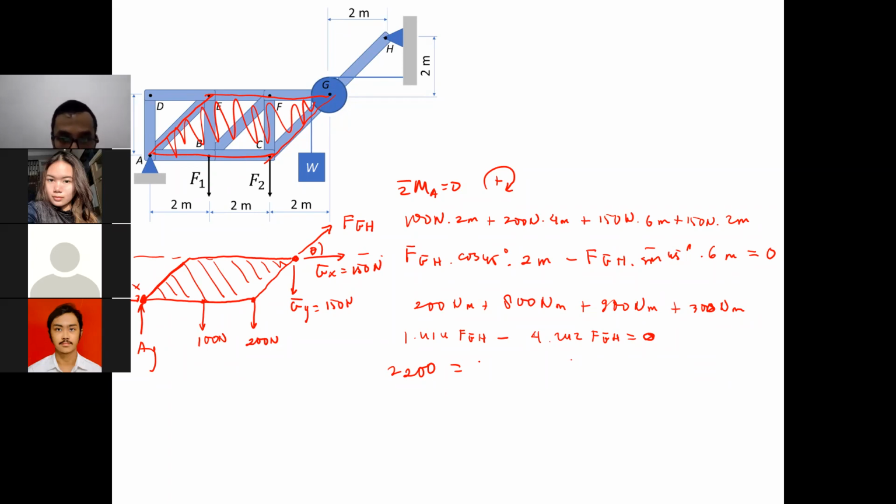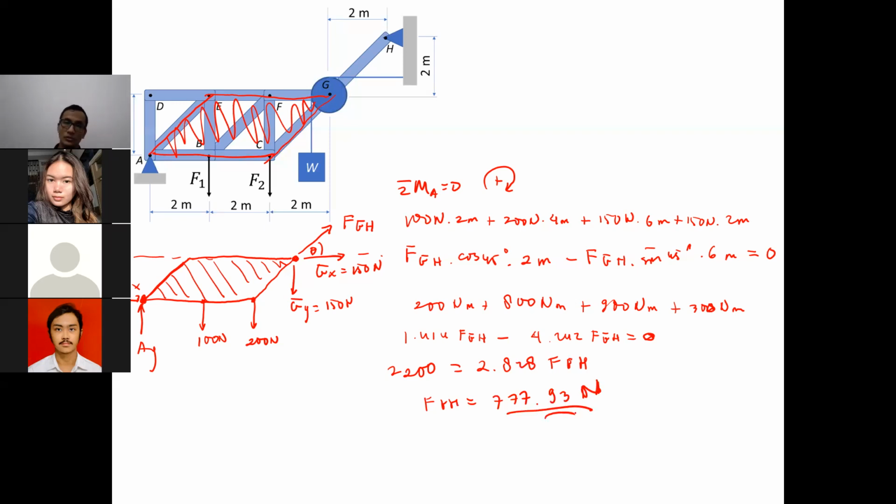So FGH is equal to 777.93. Yeah, correct. 777.93 Newton.